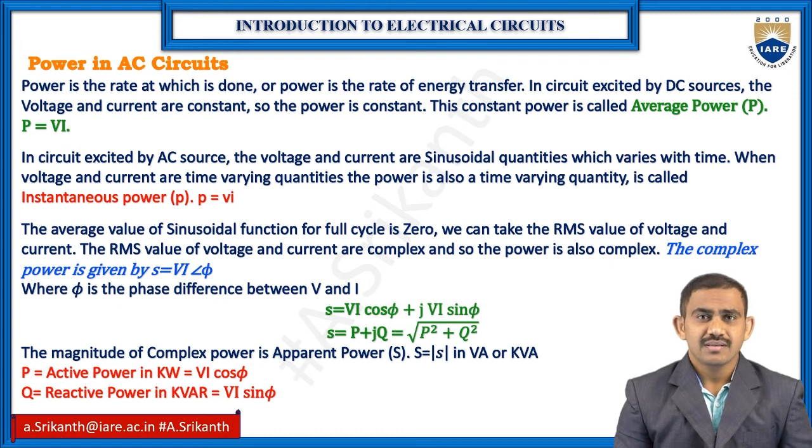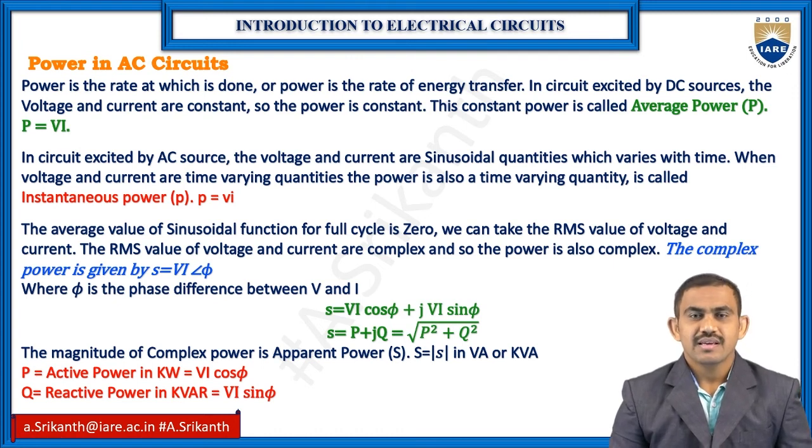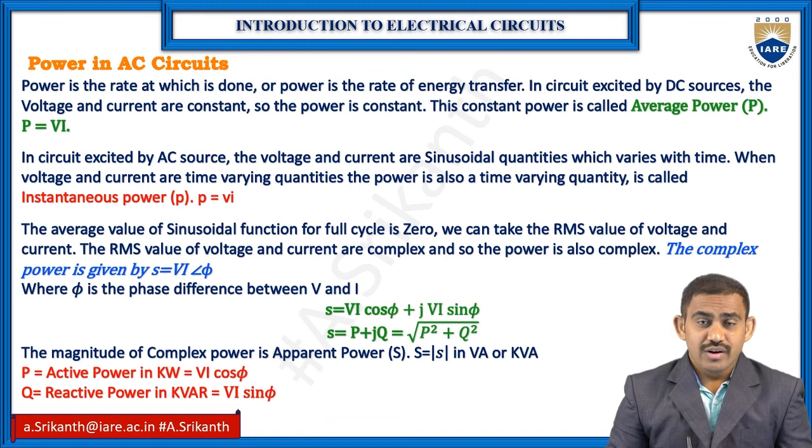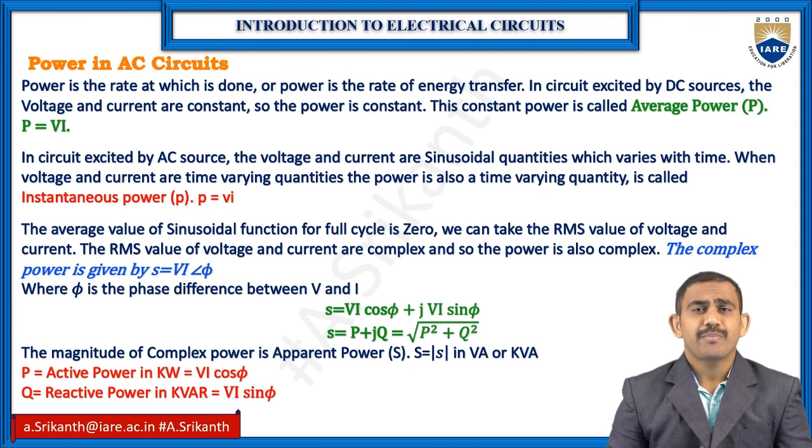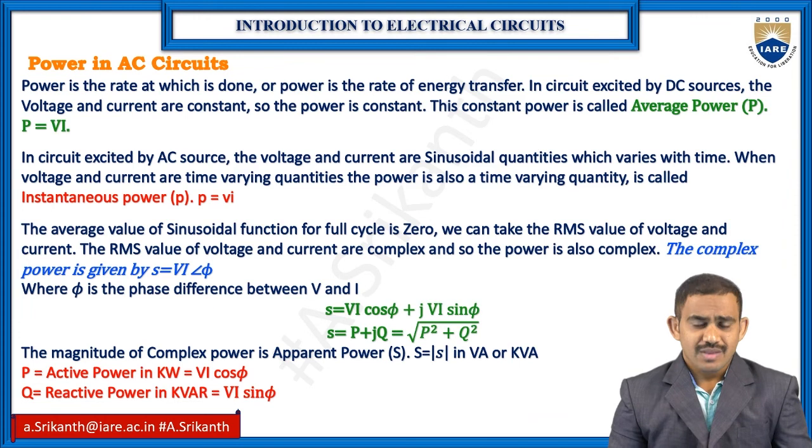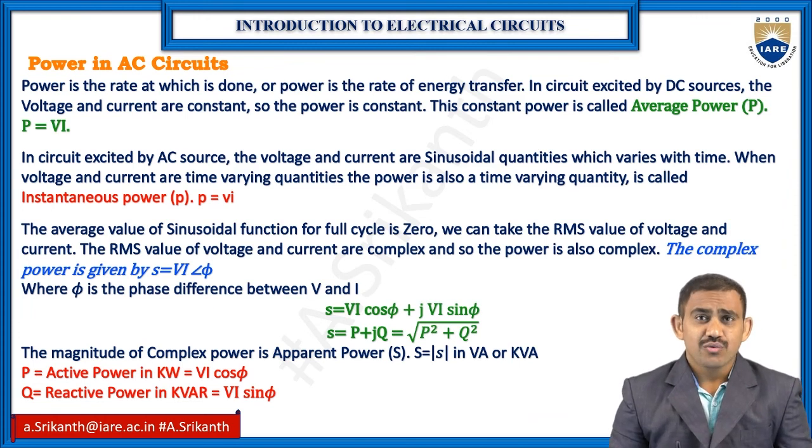Now we have three words: apparent power, active power and reactive power. Apparent power is your complex power. The power you are utilizing is active power, and the power you are not utilizing is reactive power. So you have three powers.